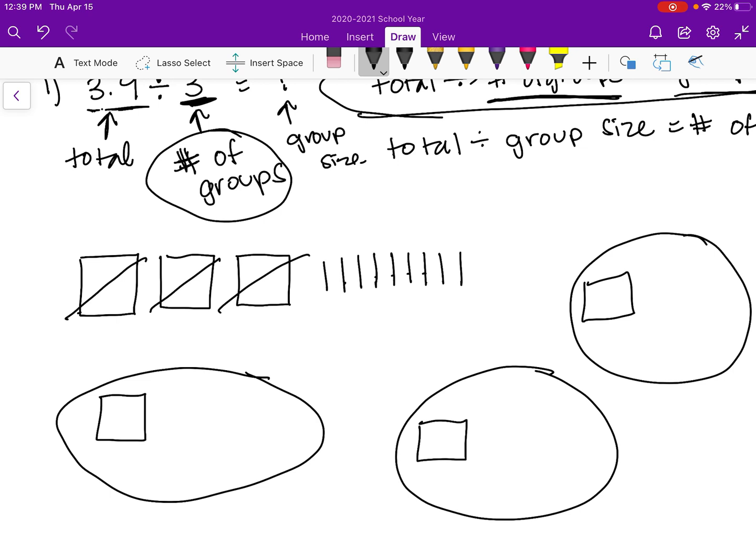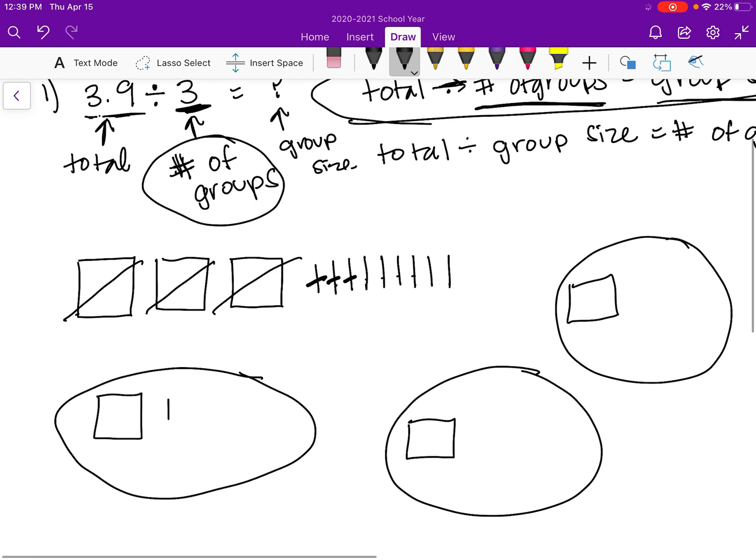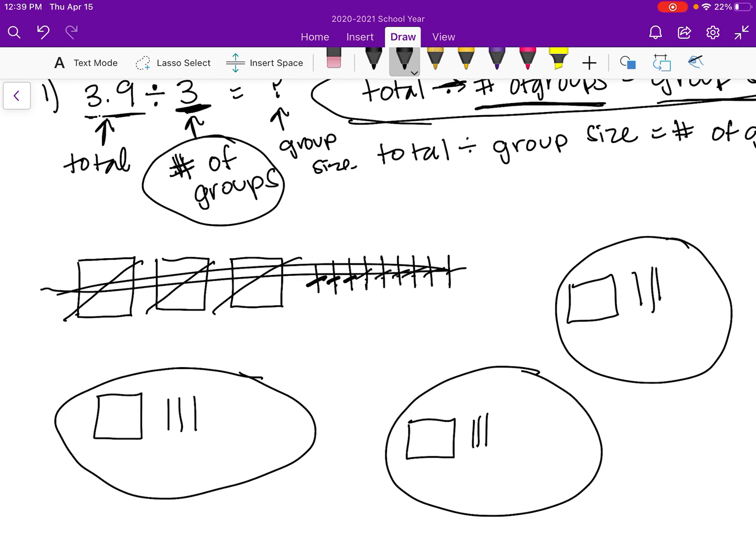Now I have 9/10. I'm just going to start by crossing out 1, 2, 3, and putting one of the tenths in each of my groups. I'm going to do the same thing again, and keep doing that until I'm all out of tenths. So now you can see I've moved all of my blocks, my 3 and 9/10, into 3 separate groups.